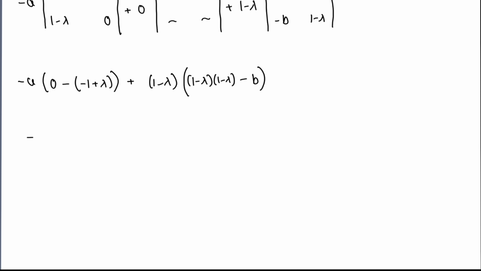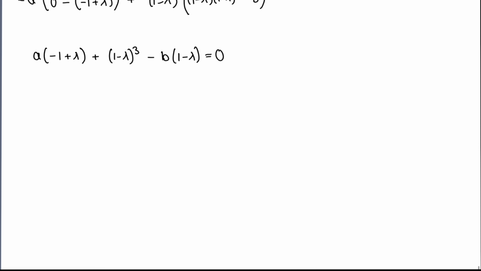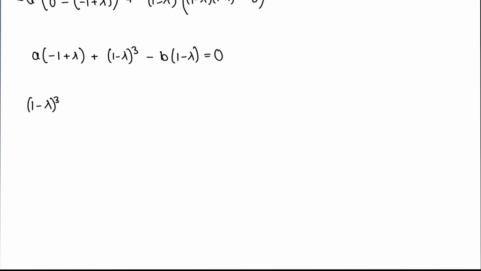If we now expand this out, we get A brackets minus 1 plus lambda, plus 1 minus lambda cubed, minus B times 1 minus lambda, and this is equal to 0. So now we get 1 minus lambda cubed minus B times 1 minus lambda plus A times minus 1 plus lambda is equal to 0.